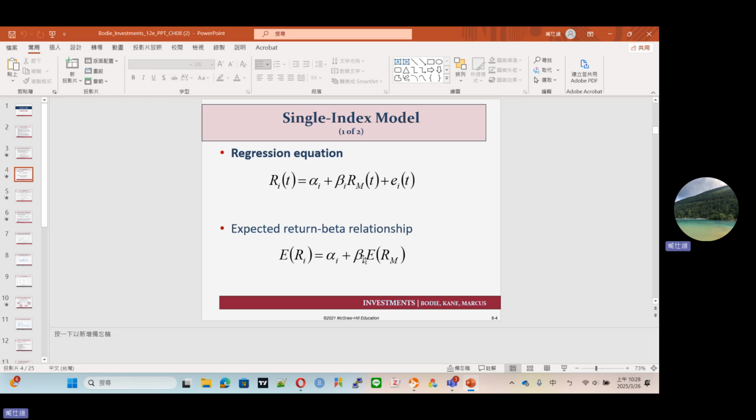Sometimes high beta portfolios will outperform low beta portfolios, and sometimes they will underperform. So their performance is not very consistent across time. So you also have to pay attention to the changes in the market.